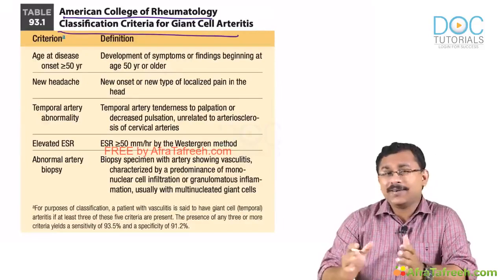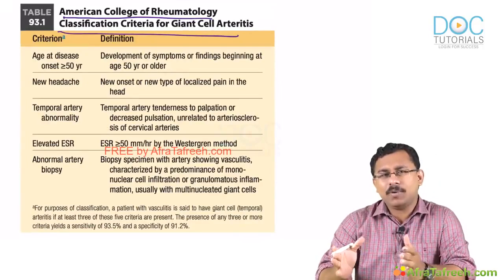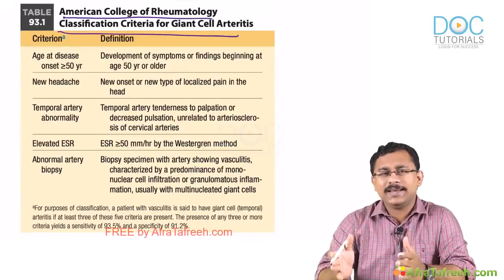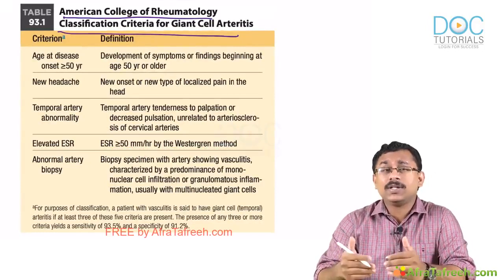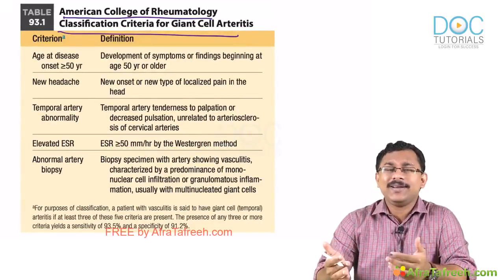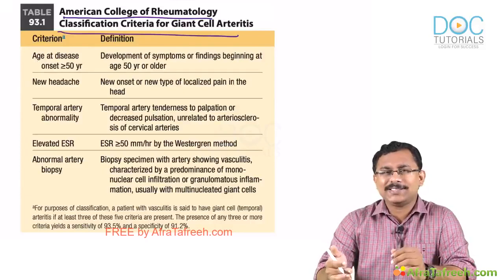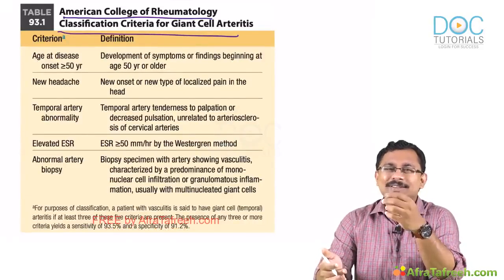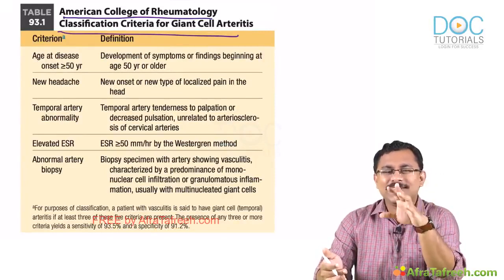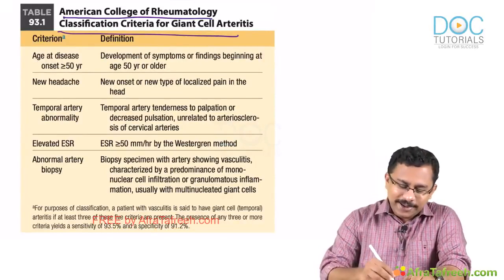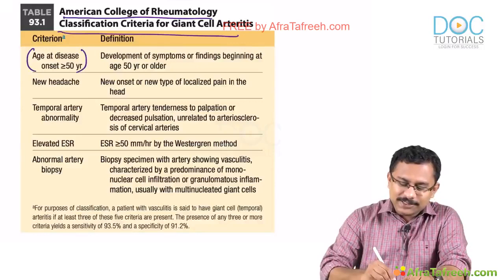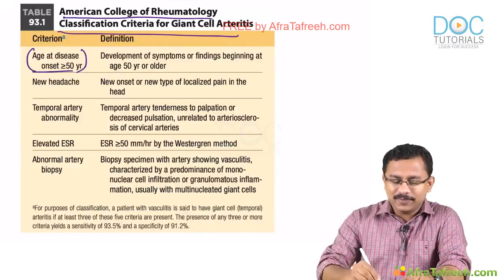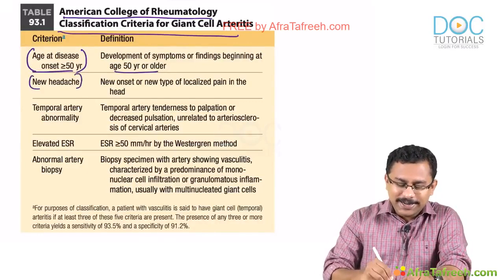Whenever there is a criteria, the body that formed it focuses on the most important points or the cardinal manifestations of a disease. You cannot frame a criteria based on the rarest of rare manifestations. So age of onset more than 50 years is one criterion, which we have already discussed. Next is new onset headache.